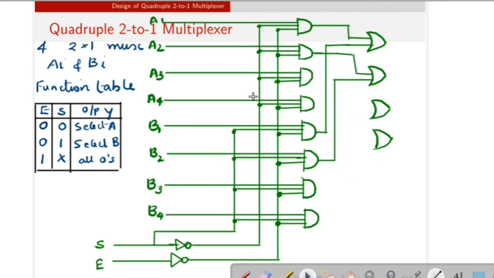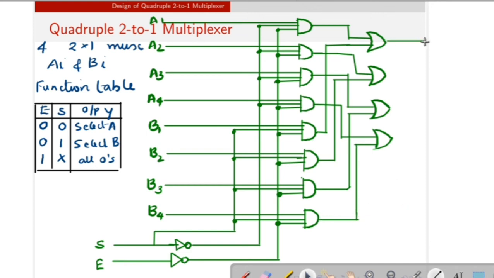Then for the third one A3, then B3. Then for the last OR gate the inputs are A4, then B4.